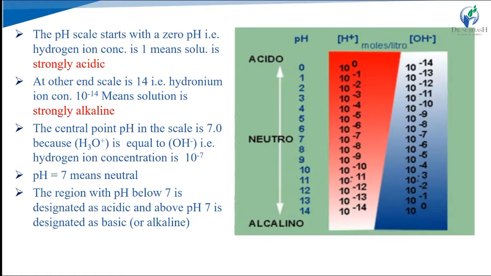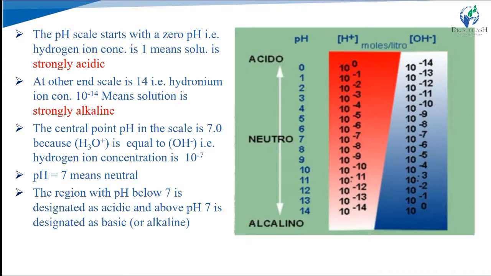Remaining out of 14, that 9 is hydrogen ion concentration, and the remaining 5 is OH minus. So these are in mole per liter. If pH is 5, then 10 raised to minus 5 is the hydrogen ion, and 10 raised to minus 9 is the OH minus ion. So that is the ratio of concentration.